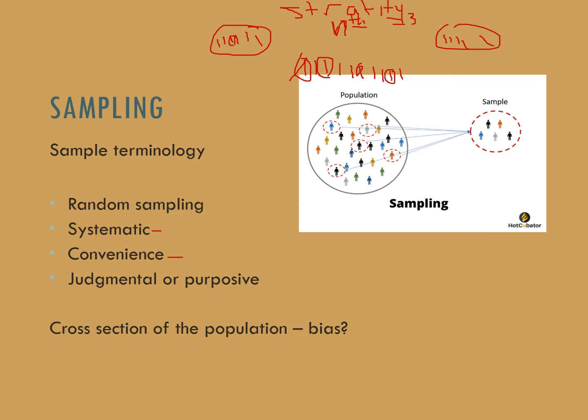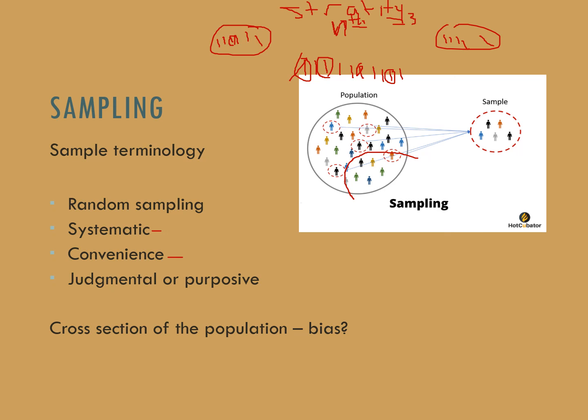Stratified systematic sampling. Convenience sampling is where I have a population, but I have access to a portion of that population. So maybe all of the people who come in to the dental clinic are the people that I have access to here in the San Antonio area.